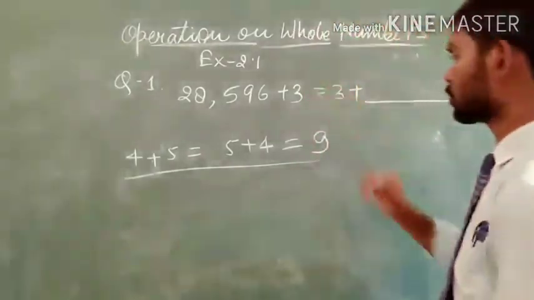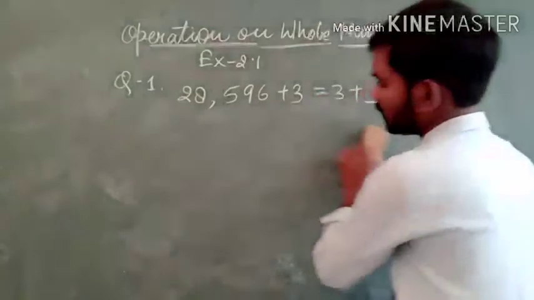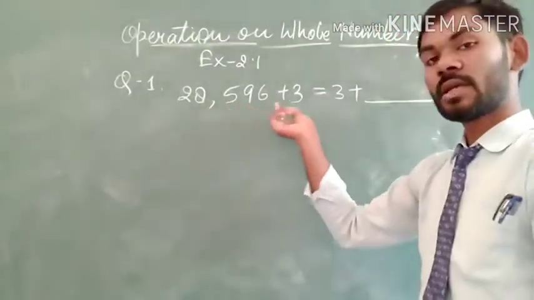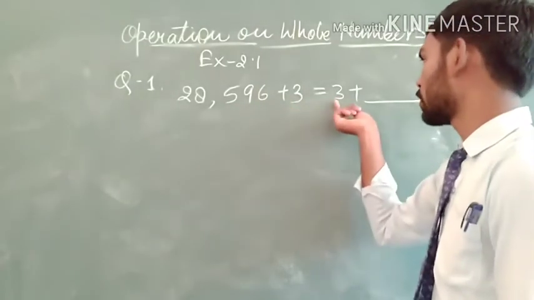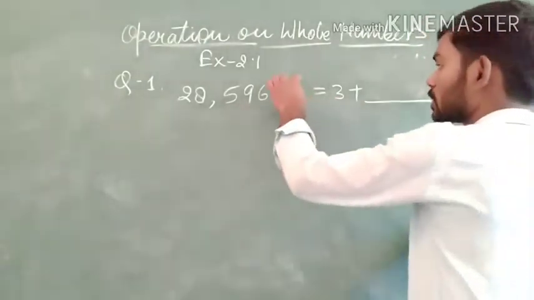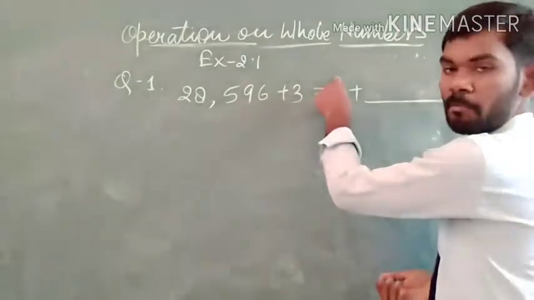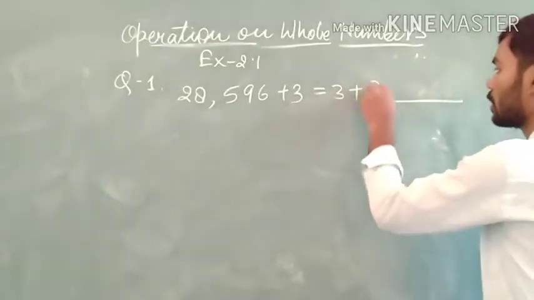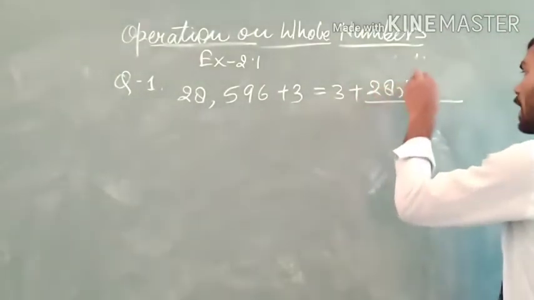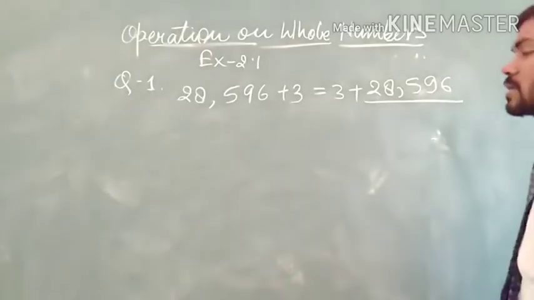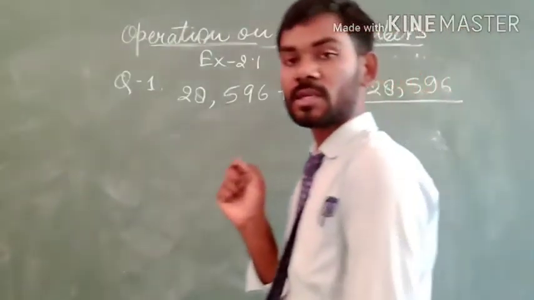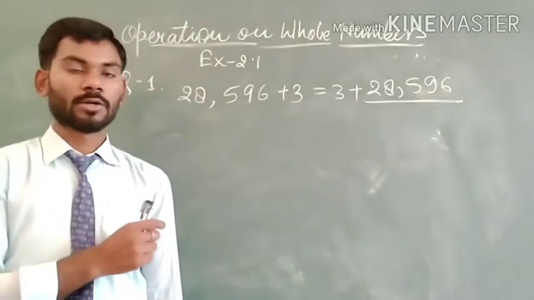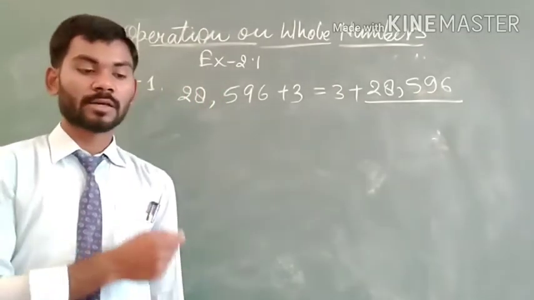So in this question, 28,596 plus 3 is equal to 3 plus dash. This 3 is written in the first place. Therefore, at the second place, the number will be 28,596. That is, in this question, the commutative property of whole numbers is applied. So in this way we can find the result.